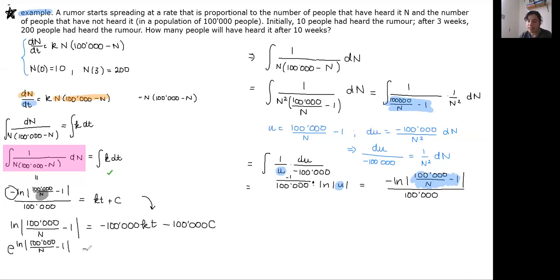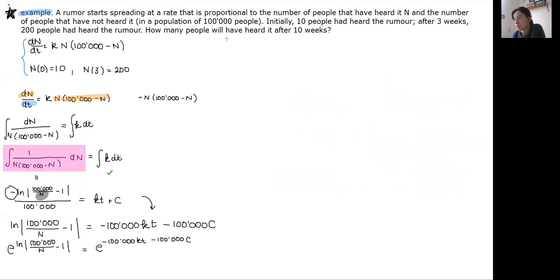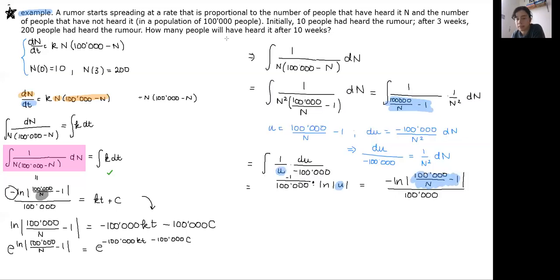And on the right-hand side, I get e to the power of minus 100,000 times kt minus 100,000 times c. I'm going to erase now the whole right part over here, unless there's somebody else that's still copying the right-hand part of the board.